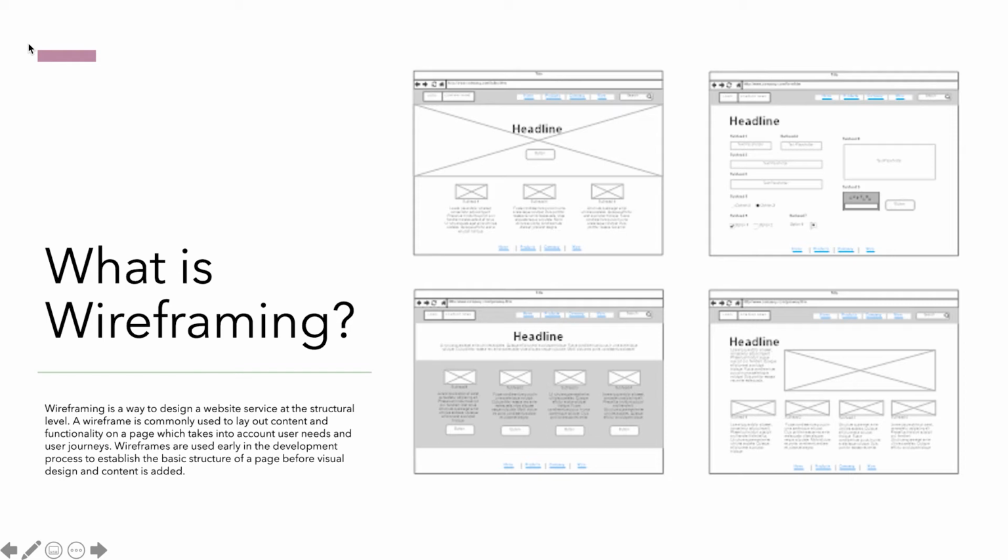In studios, wireframes are commonly used to lay out functionality and content, looking at how you navigate it, what your user needs are, and how they go through your website.